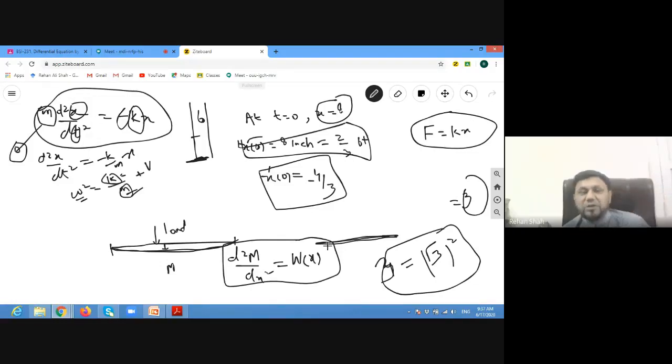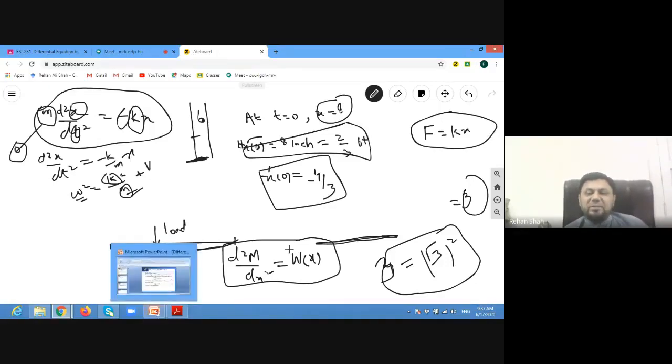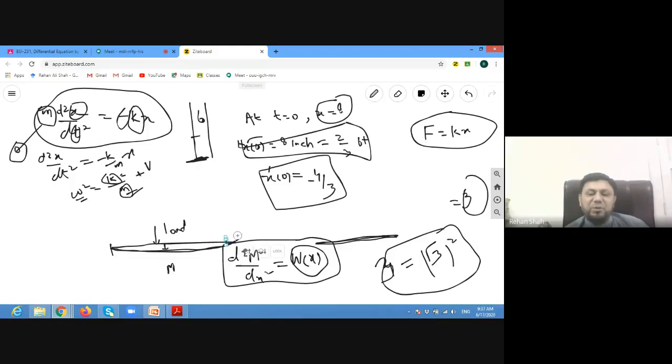Okay sir. So now let's see what is W. W may be a variable function and may be constant. If you distribute the weight on this beam equally, it means W is constant at all points of the beam. If this W is constant, it means the load is distributed equally along the length of the beam.